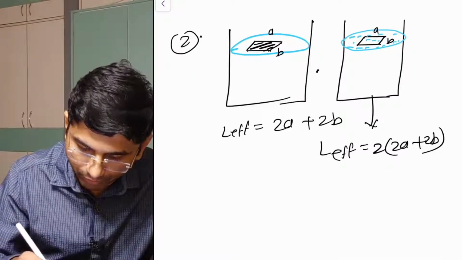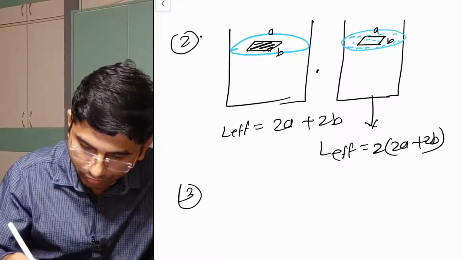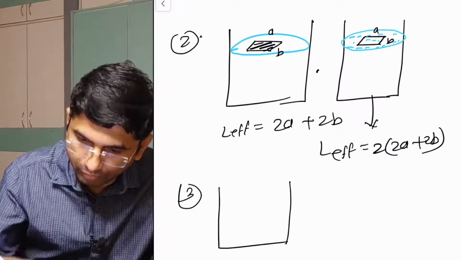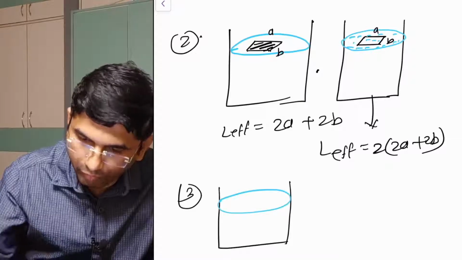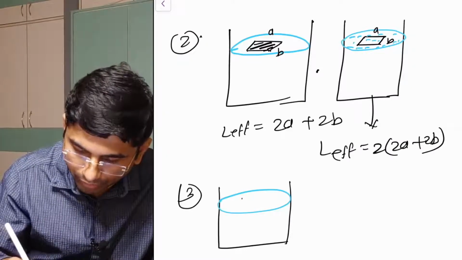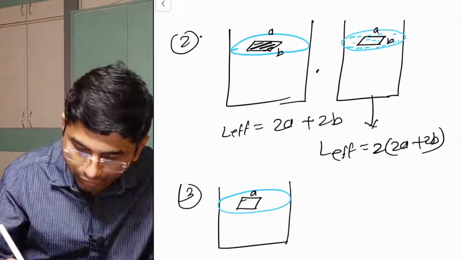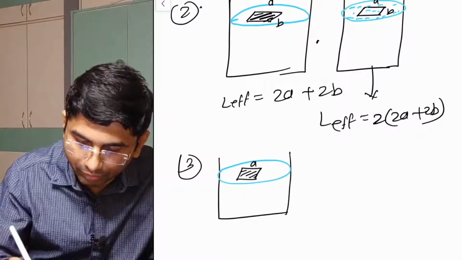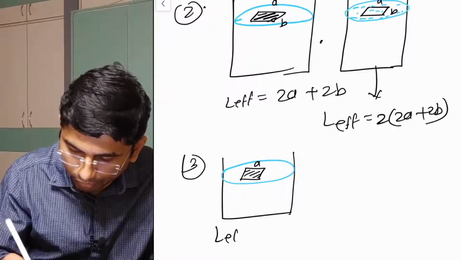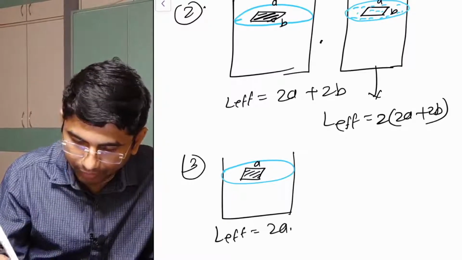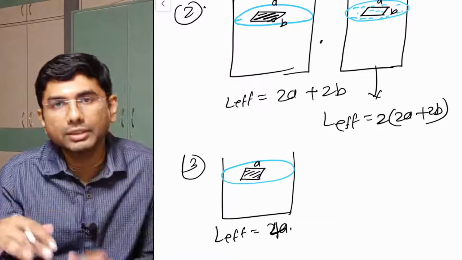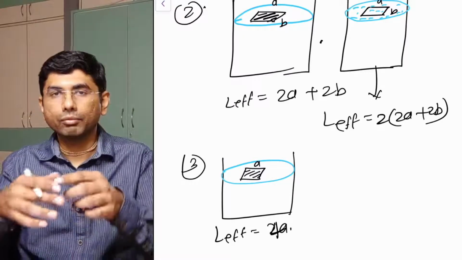Okay, just imagine now the third question. We are having water, and on the surface of the water there is a square surface. How much will be the length which is affecting here? The effective length will be 4 times A, as all 4 sides are having it. What is that effective length?